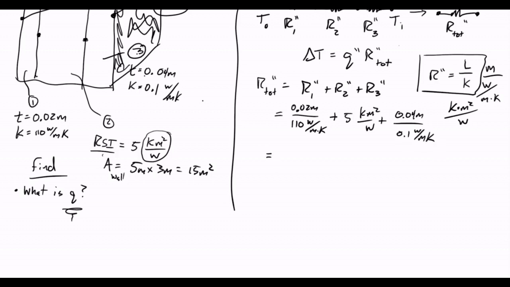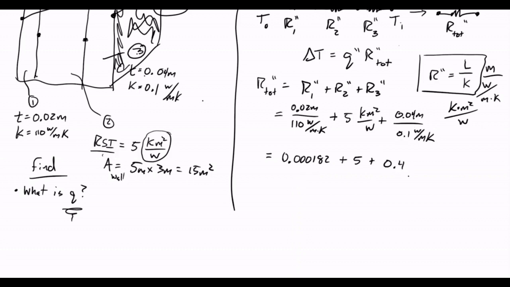It's instructive to calculate these individually so you can see how important each part of the wall is. So first, this first calculation right here is 0.000182 plus 5 plus this is 0.4.